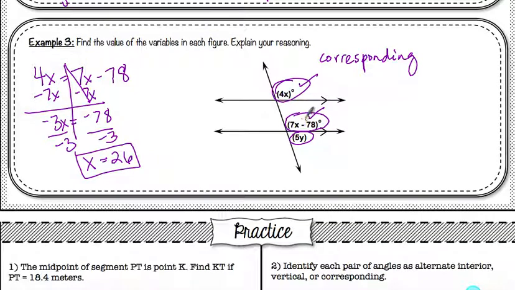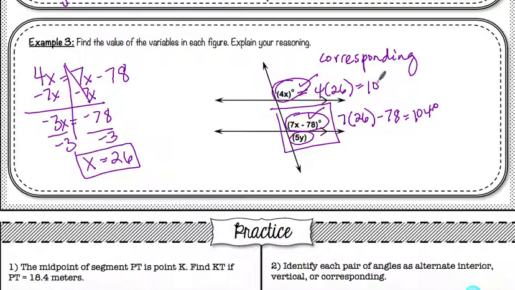Okay? Then I can see that I have two angles, these two here, that form a linear pair. So I already know what x is, 26. So if I do 7 times 26 minus 78, I'm going to end up with 104 degrees. Or I could have done 4 times 26. I'll still get 104 degrees. So I figured out that this angle 5y plus this other angle equal what?